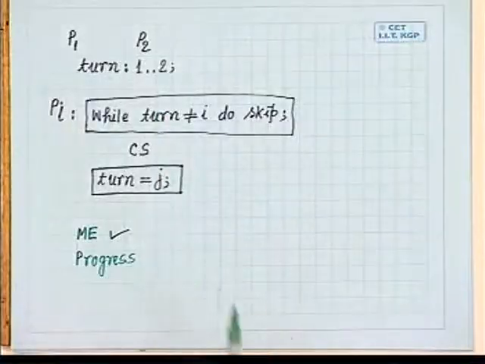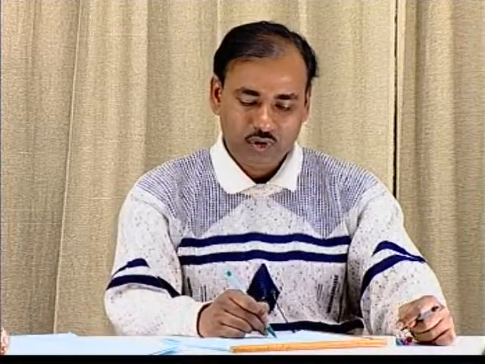And because the value of turn will never be set to 1, process P1 will not be able to enter the critical section at all, though it wants to. So indirectly, the decision making process also depends upon process P2, who does not want to enter the critical section at all. Right? So this progress requirement is not guaranteed by this solution.